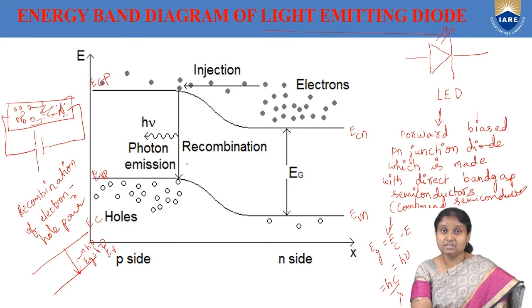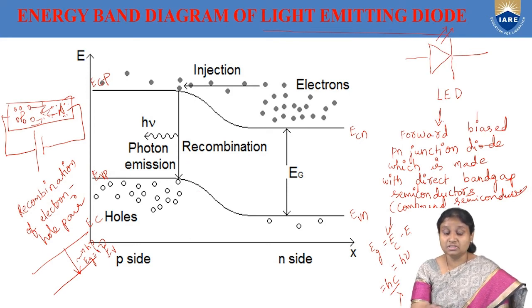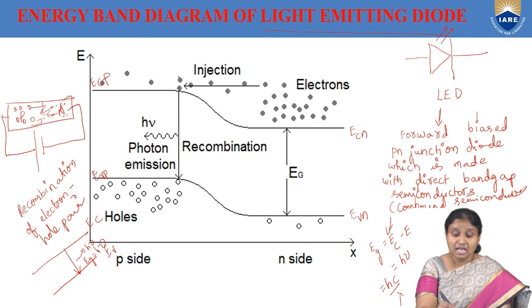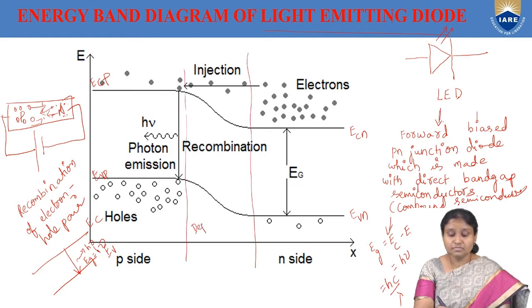Here the Fermi level is uniform throughout the PN junction. Majority charge carriers in the N region are electrons, and in the P region majority charge carriers are holes. And as you can see, this is our depletion layer.